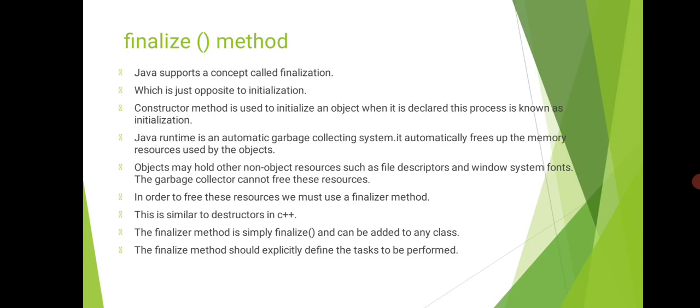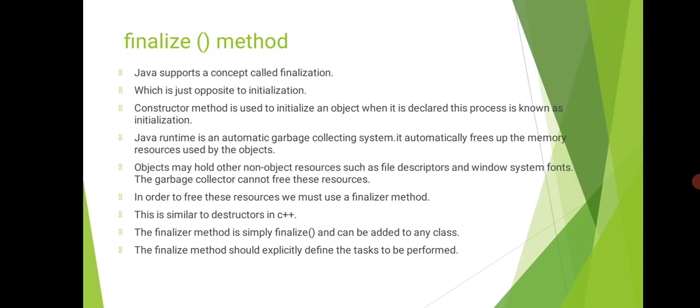So with the garbage collector heap, memory allocation happens automatically at runtime for the object, and after completion of the task of a particular object, it automatically deletes the memory which was allocated, that is, it frees up the memory. So why do we not use a destructor function? Still, sometimes some objects may hold non-object resources, such as file descriptors and window system fonts.